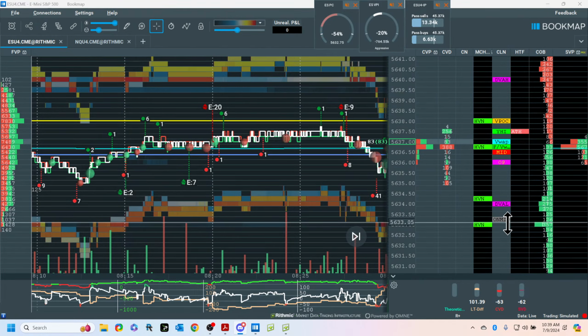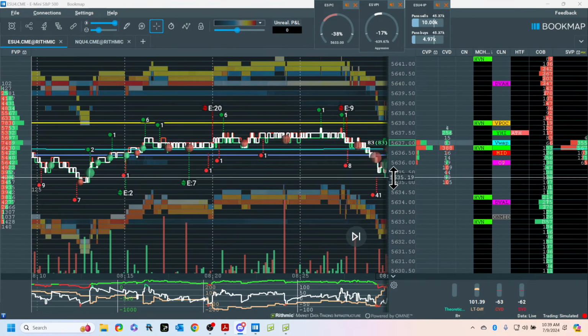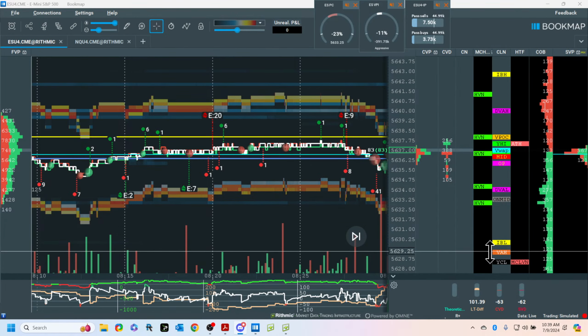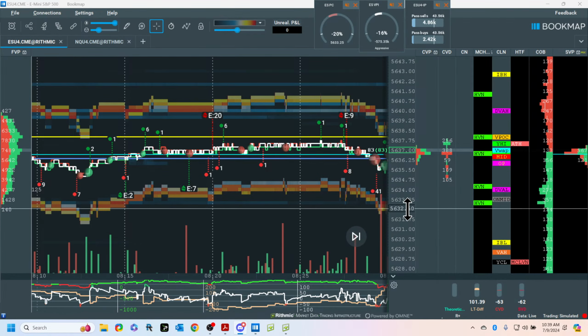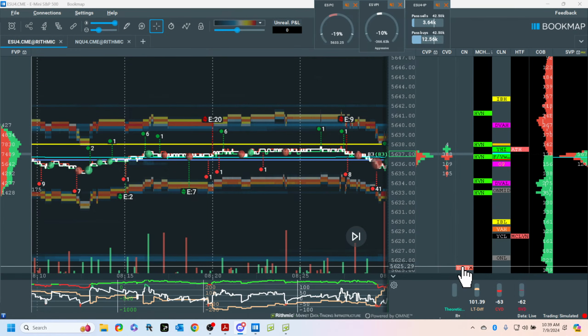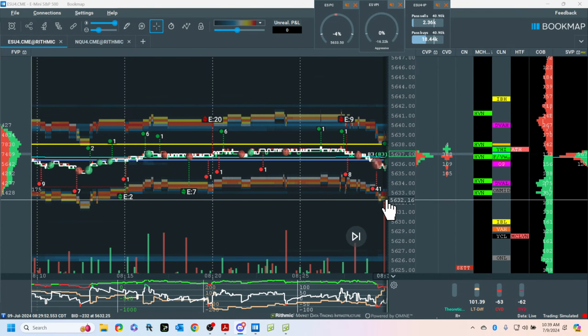The previous value area high, approximately a 70% probability we will get there. The previous settlement, about a 70% probability we will get there. But we did check it in the ETH low. Just saying. Doesn't mean we won't get there.